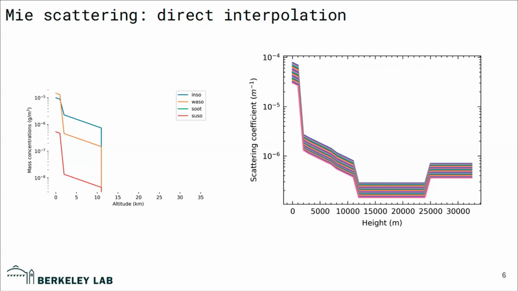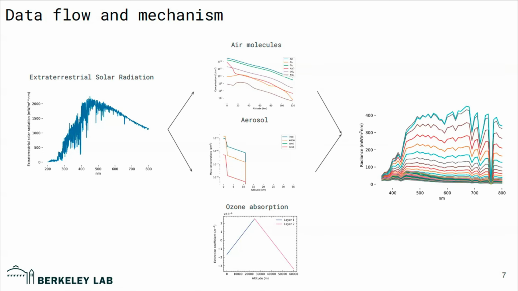directly in the simulation. So the overall data flow is: the only light source in this simulation is extraterrestrial solar, the solar radiation arriving at the outside of the atmosphere. That is our only input source, and then the radiation will interact with the air molecules, aerosol, and ozone.